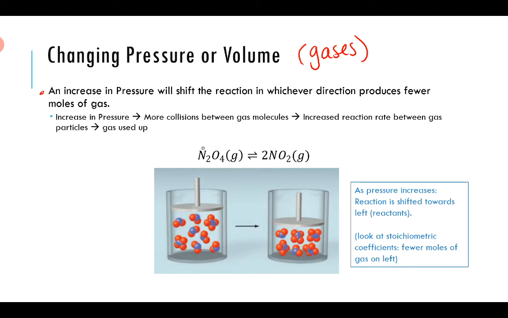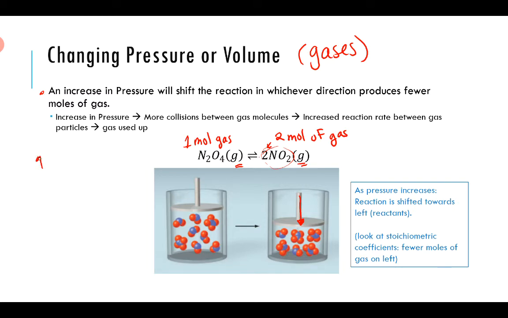high pressure. So if we look at this example problem, we have 1 mole of gas on this side. And then here we have 2 moles of gas. And so if we increase the pressure, then we're going to have this backwards reaction happening more often because these molecules are going to find each other more than they did when the pressure was lower.